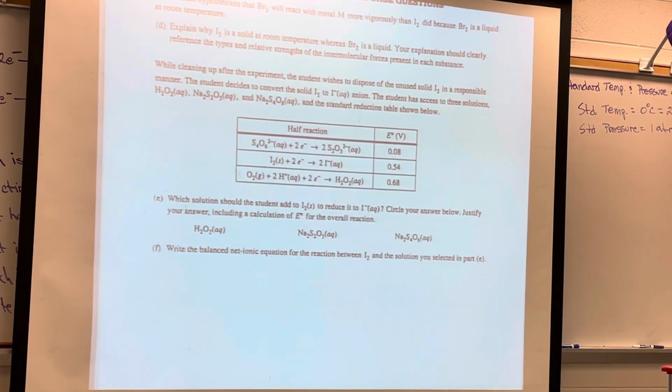As you're finishing writing, another tidbit that kind of came out of yesterday. The powers that be don't like for students to refer to IMFs as bonds, even though we call it a hydrogen bond, okay? They were getting all bent out of shape that the intermolecular forces aren't bonds.